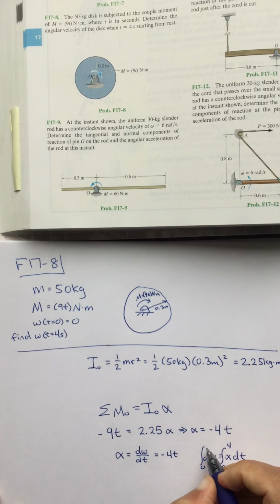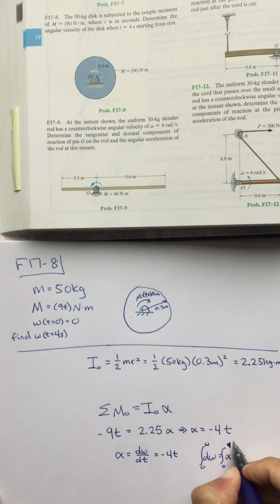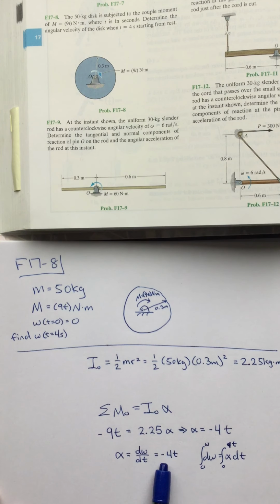Or I could say here, this is omega and this is t. So then putting in the -4t for the angular acceleration, when I integrate on this side, I just have omega minus 0. That is equal to the integral of -4, which I can pull outside the integral, t as I go from 0 to t with respect to t.